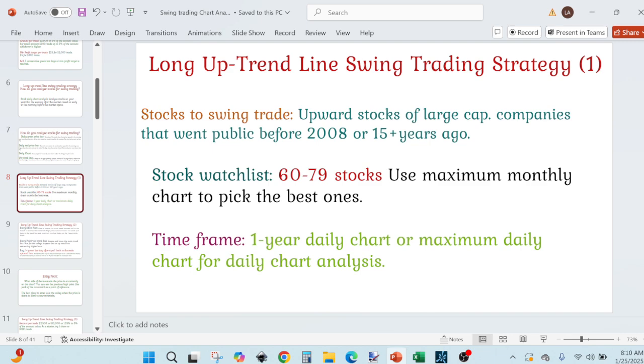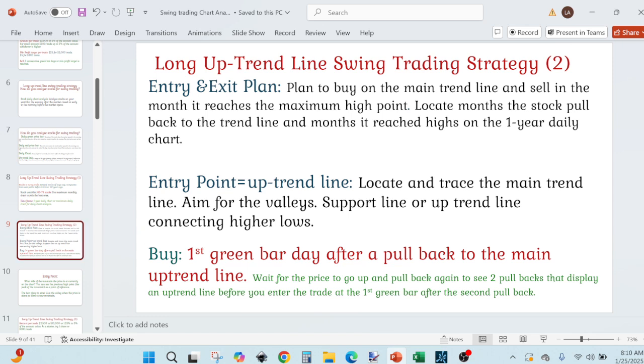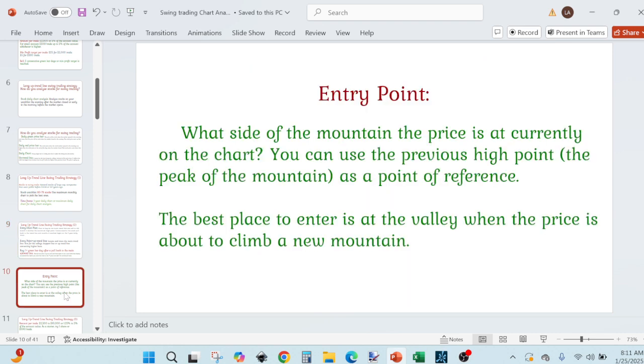Just have a good watch list of stocks that you handpick yourself and you like, and analyze them daily or so. Trace your trend lines that you like to buy at, and when you reach that trend line, when you have a confirmation that it's not going to go down further, you can buy some shares.